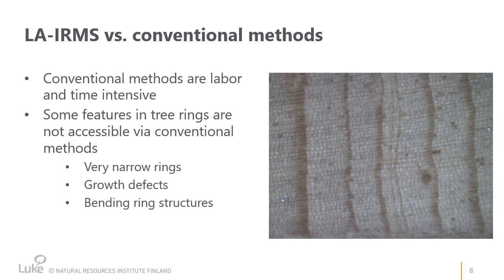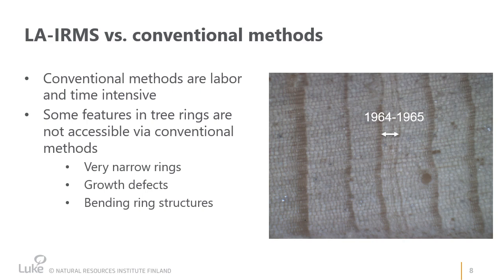For example, you can see here in the middle of this image these 2 quite narrow rings. These are ring years 1964 and 1965. When you look at these ring boundaries, you see that they are bending unevenly. The year 1965 is approximately 30 to 40 micrometers wide.